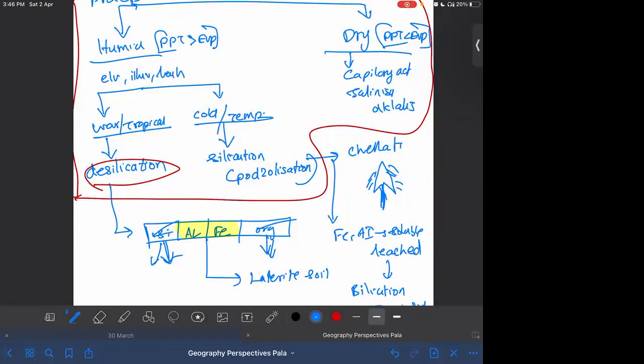In tropical climate, silica becomes highly mobile and is leached out of the soil due to heat.